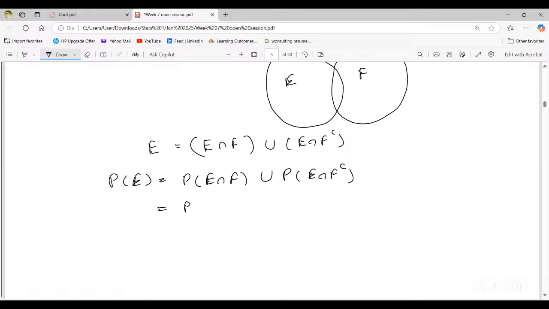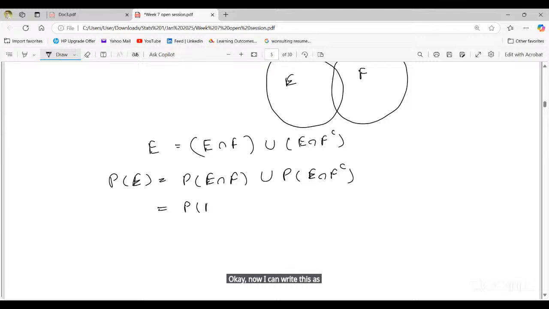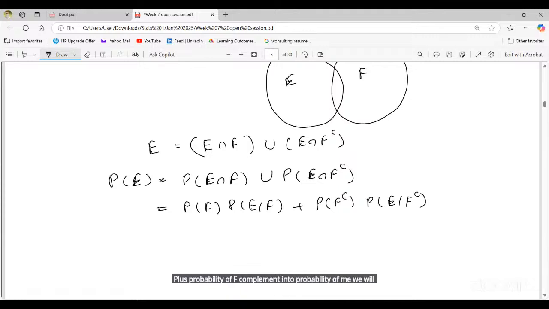Okay. So probability of E is equal to probability of E intersection F plus probability of E intersection F complement. Now I can write this as probability of F into probability of E given F plus probability of F complement into probability of E given F complement.